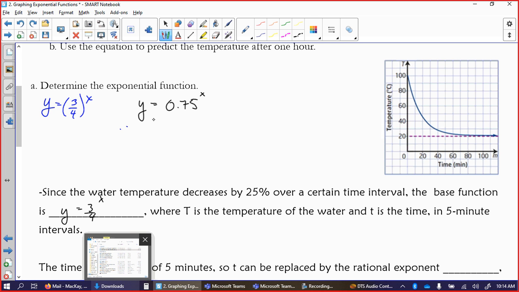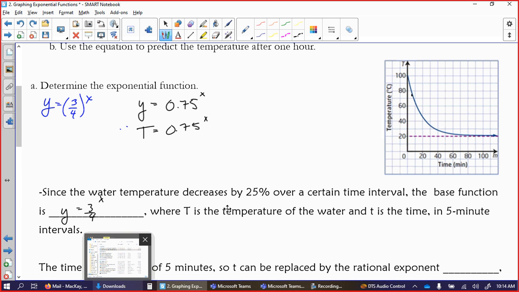Or, sorry, temperature is. So we have these 5-minute intervals. After 5 minutes, that's 20, so that's 10. 5 minutes should be somewhere in there. It's about 75 degrees. But then the first one is easy.